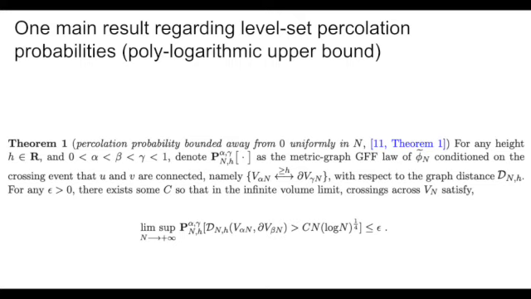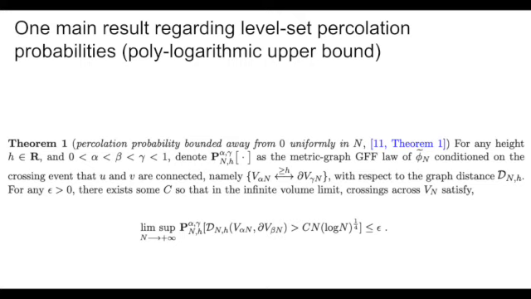And from the law of the metric graph GFF conditioned upon twiddle phi n, we can introduce a crossing event, which is very much the analog of crossing events that were considered for Bernoulli percolation and several other models before the metric graph extension of the Gaussian free field received more attention.